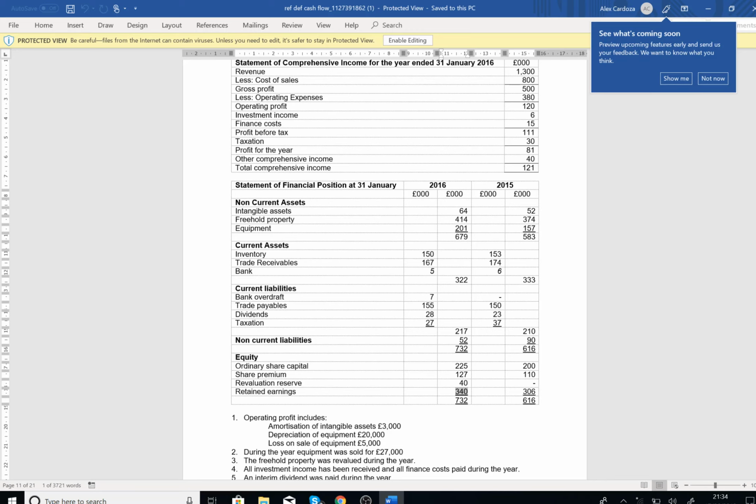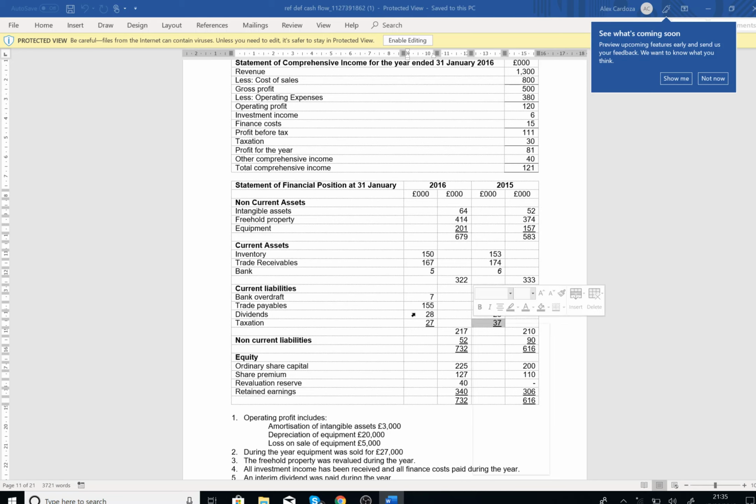So what you then need to do is look at this amount. You've got dividends that you're carrying forward in 2016 and dividends that you also paid here. So what you need to understand is that 47 has come out of here, but some of it is in here, because it's a mixture of 23 and 28, some of which you've paid, some of which you haven't.